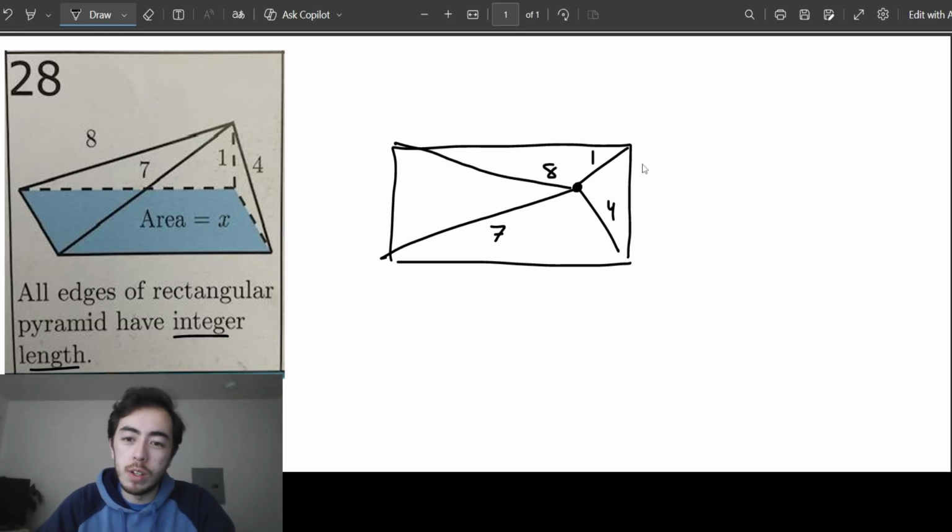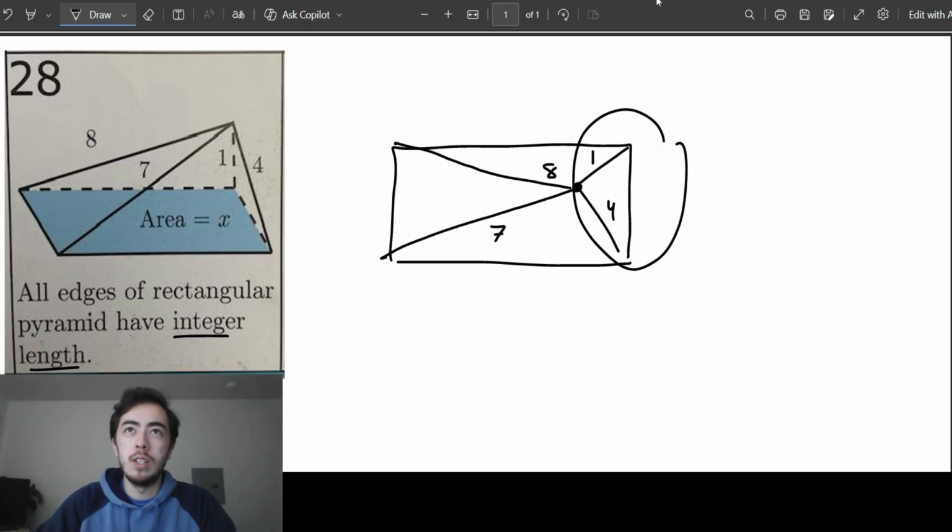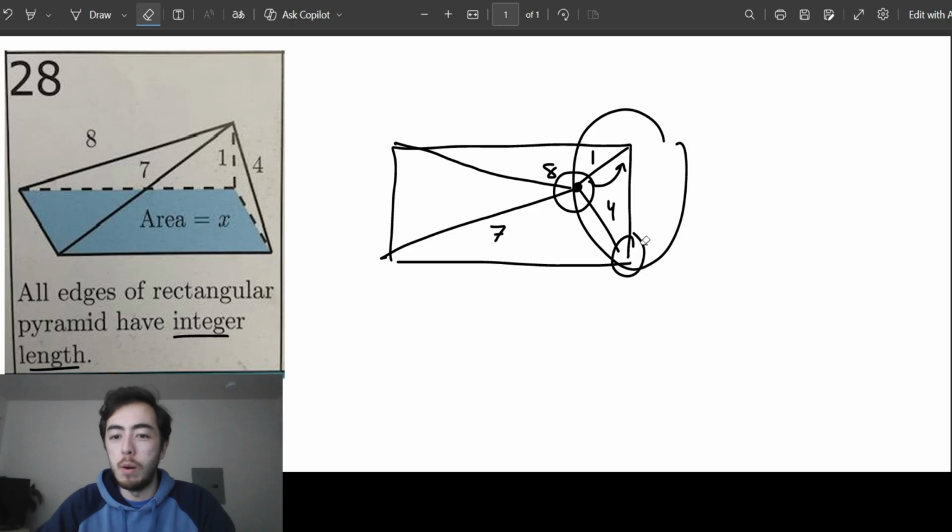And the issue is that looking at this pair with the 1 and the 4, the 1 is shorter. Therefore, the apex of the pyramid needs to be closer to that vertex than the bottom one. However, if we look at the other pair, the 8 and the 7, the 8 is longer and the 7 is shorter. Therefore, the apex needs to be closer to the bottom left corner.